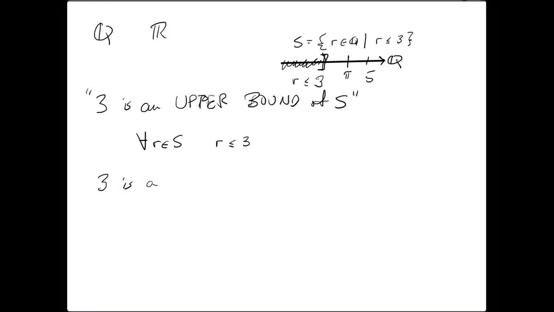So let me be more precise there. Let's just write it down how we're going to write it. 3 equals the supremum of S means two things. One, 3 is an upper bound, which we already have the definition of.